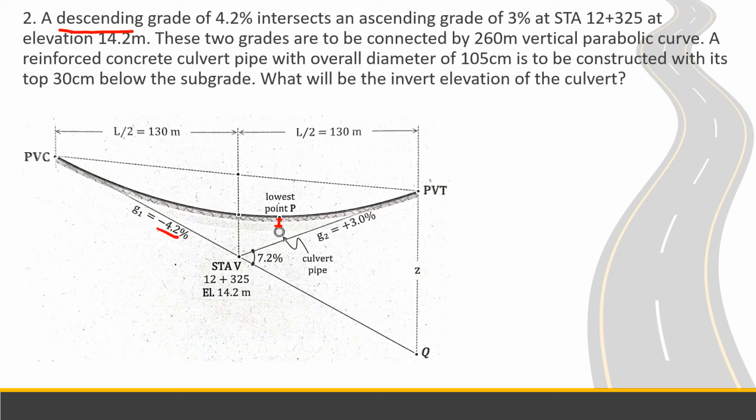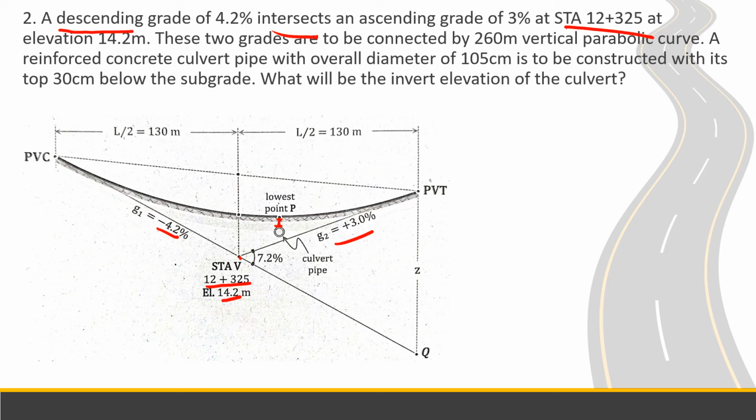G1 is negative 4.2% and G2 is positive 3%. The stationing of the vertex is 12+325. So it intersects at station 12+325. That is the clue that it is the vertex, at elevation 14.2 meters.